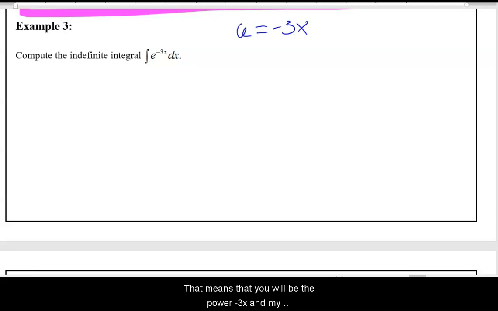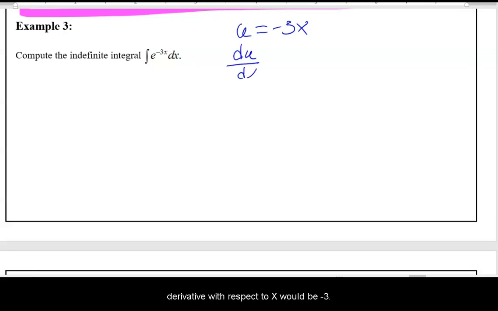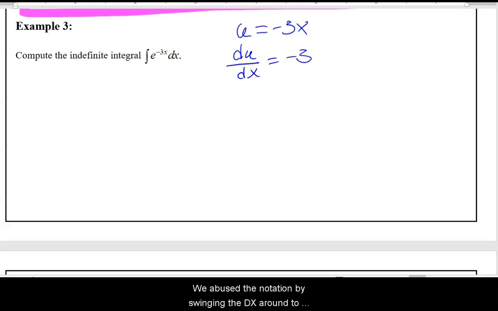That means that u will be the power negative 3x, and my derivative with respect to x would be negative 3. We abuse the notation by swinging the dx around to the other side to join the negative 3. This lets us solve for the differential du and write it as negative 3 dx.